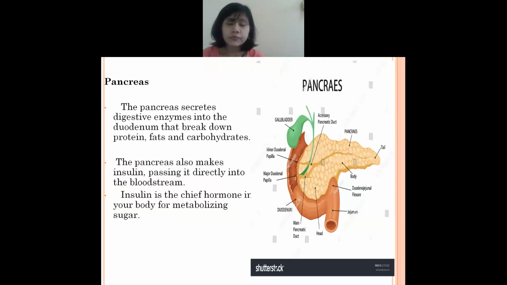They will secrete insulin, which is responsible for maintaining the sugar level. Understand? So this is the function. This is about the pancreas. Okay, did you understand everyone?